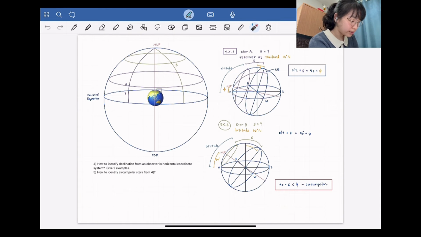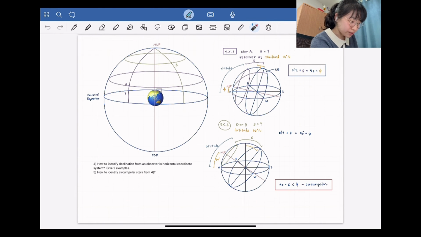Next, move to example 2 of star B. We can see the declination is higher than star A, and the latitude we assume is 60 degrees north. So the NCP is higher than before, and using the same equation, we can find the declination if we calculate from the altitude and the latitude.